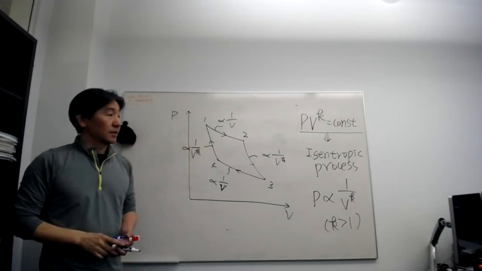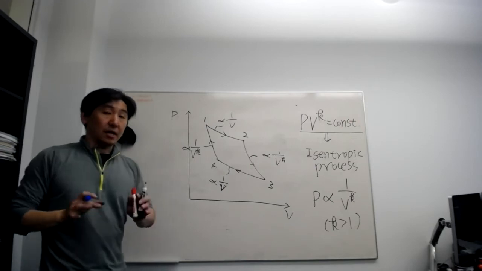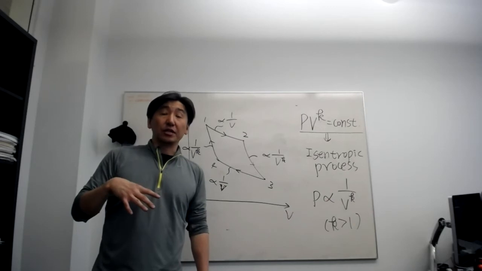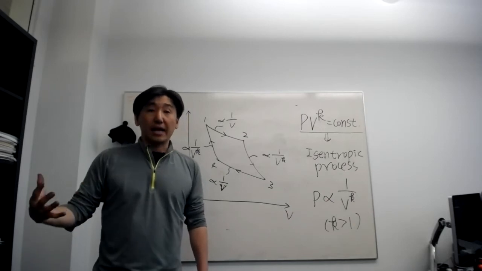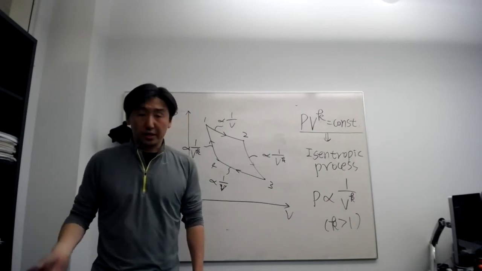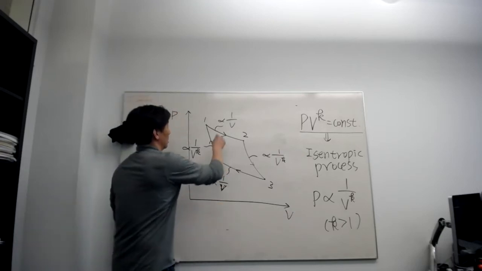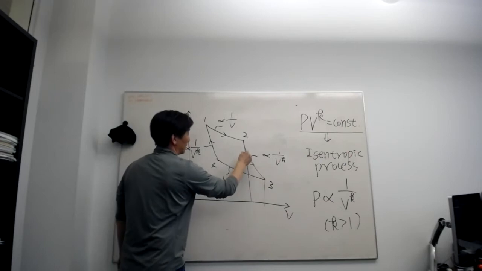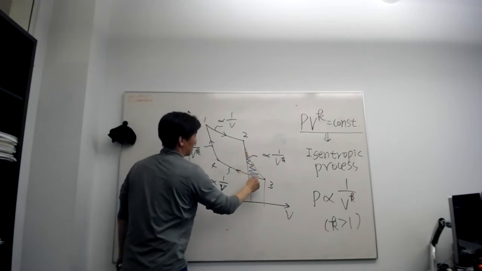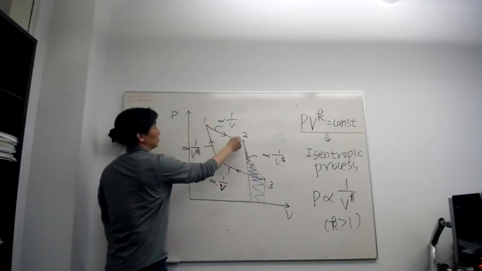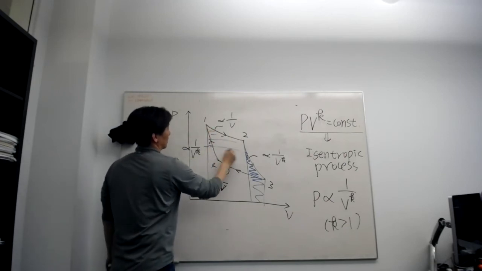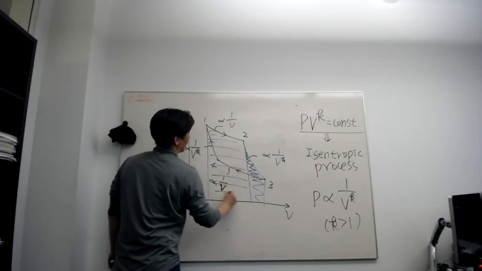Now, again, we learned from the PV diagram that whatever area underneath the curve in the PV diagram is about work. So from 2 to 3, we have that much work. From 1 to 2, that also gives us that much work.